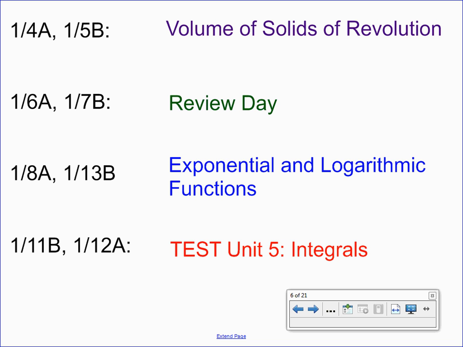And so this time, because I want you to have the same amount of time as the B day classes, you're going to have your unit test on Tuesday, the 12th A day. And you're going to begin instead on that 2-hour early release day, instead of taking the test with a short amount of time, the first day of Unit 6, which is exponential and logarithmic functions. And in this way, both classes will still be on track when it gets to be the 13th, the following week. So we'll do a little flip-flop.